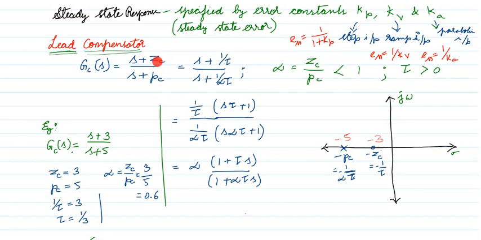I am writing ZC as 1 by tau, PC as 1 by alpha tau. I am going to take 1 by tau outside from the numerator and 1 by alpha tau from the denominator. Now the expression becomes like this, right? So 1 by tau will get cancelled. 1 by alpha in the denominator comes to the numerator, it becomes alpha. So this is another form of expressing the lead compensator.